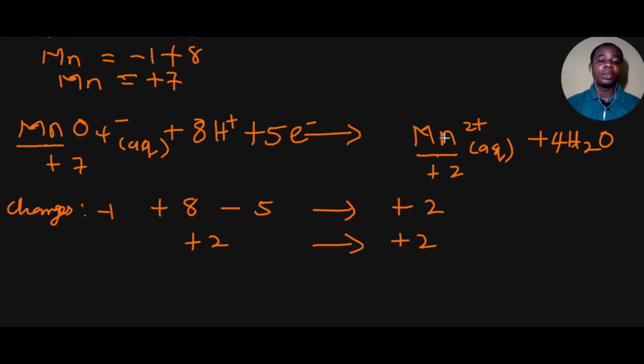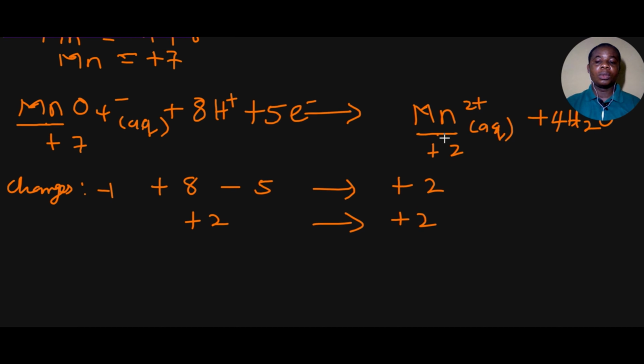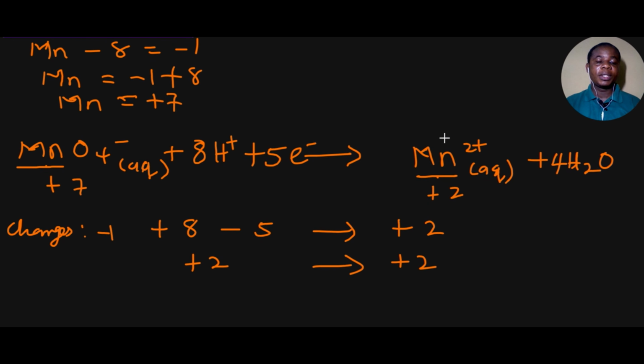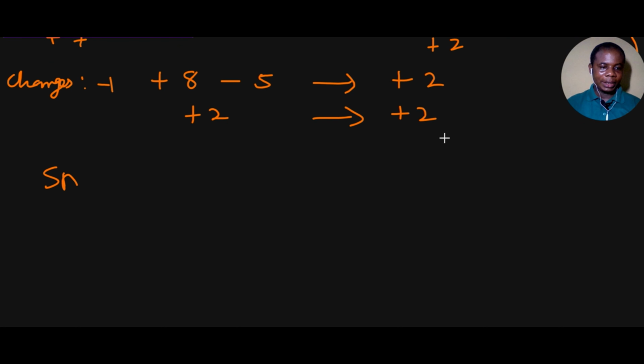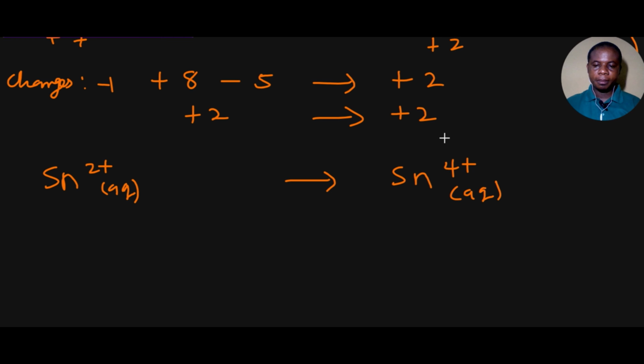The next thing to do is to look at the other half cell equation. So this is definitely undergoing reduction, RED, that's reduction. The second one is definitely oxidation. So I'll write it Sn2+ going to Sn4+. This is aqueous, this is also aqueous.